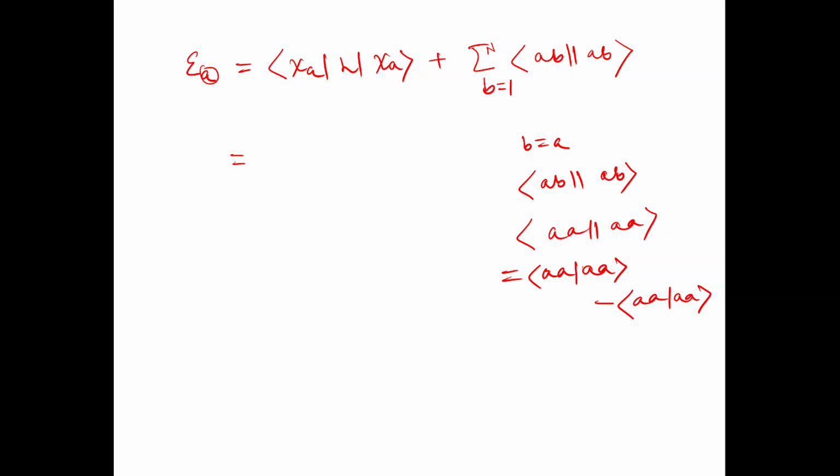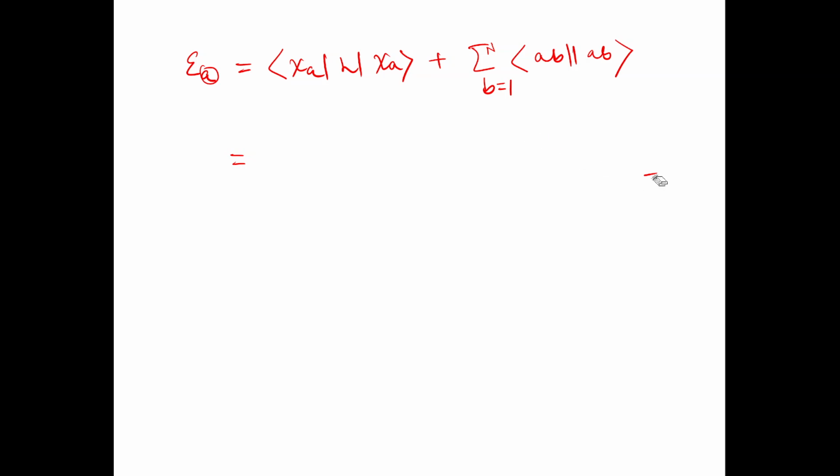So we can write, when your B is equal to A, your AB is 0. So we can write this as chi A H chi A plus, B goes from 1 to n, AB, and there is one condition, that your B is not equal to A. Okay, so you are actually cancelling one term from here.